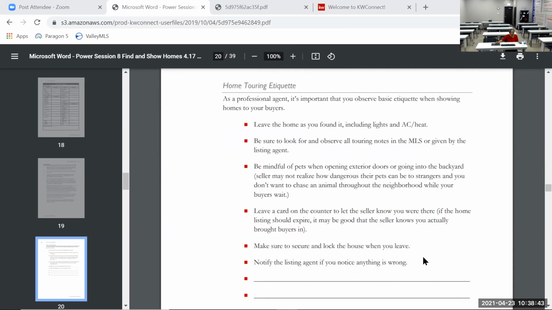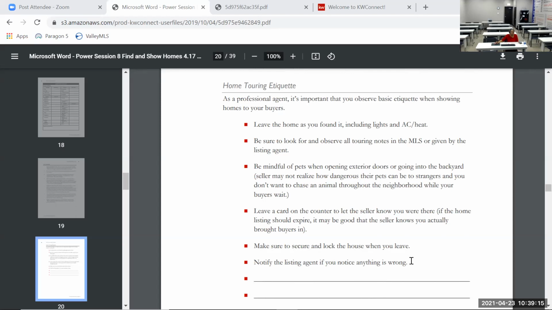Best practice as a seller is to make sure the information is there, that there's a cat locked up in the hallway bathroom, so please don't open the door, or there's a cat in the garage, so please don't go out in the garage, or something to that effect. Usually there are notes to let you know that there is a pet in the house, but just be mindful that if there is a pet in the house, you want to make sure that you are not the one to let that pet out of the house.